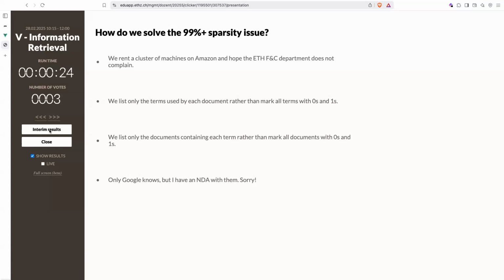Or only Google knows, you have an NDA and can't tell us? I hope I got that right, because that's typically the sort of question where my brain easily swaps between the two similar answers.